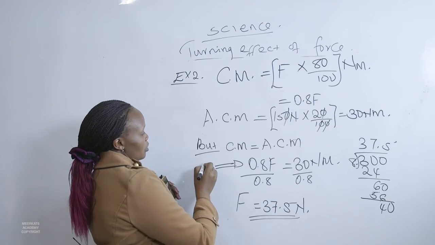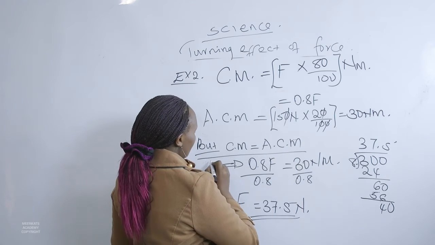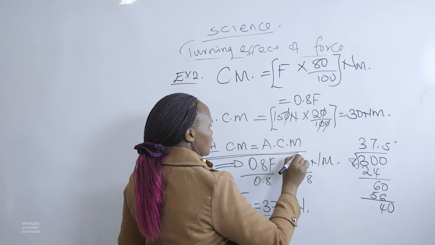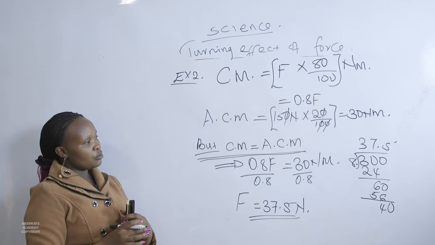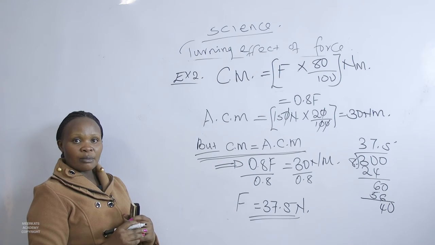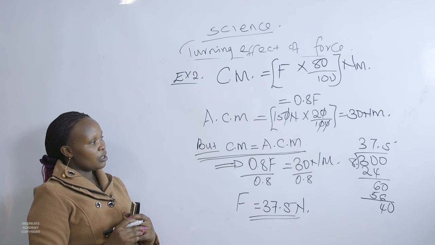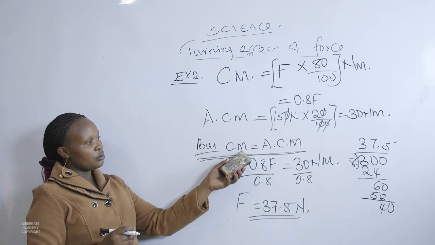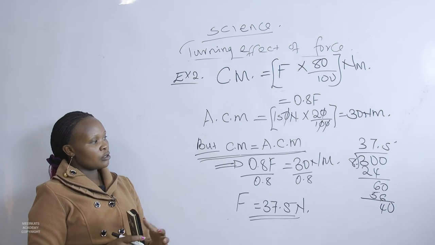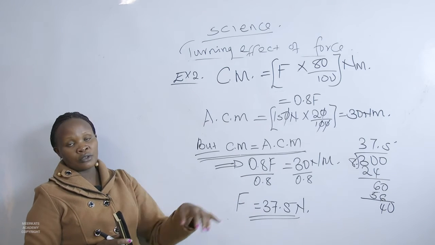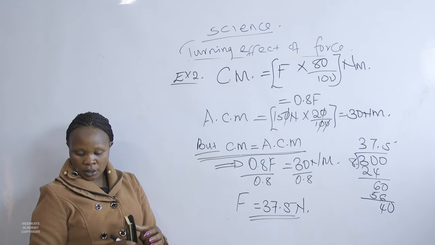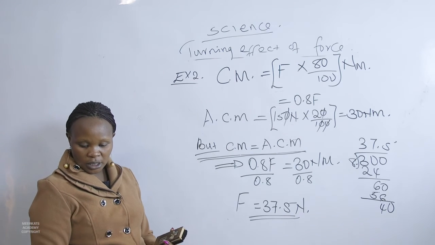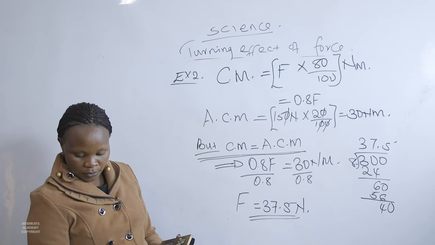Then we must equate the two for our system to be in equilibrium. The principle requires us to equate the two moments so that we can be able to resolve our force F, which is the force that we wanted to calculate.